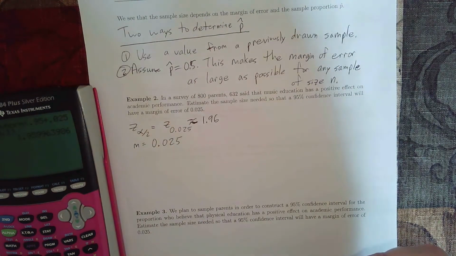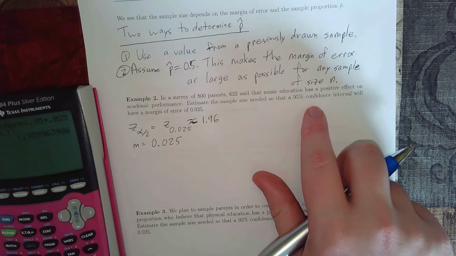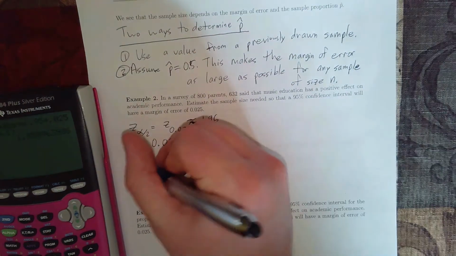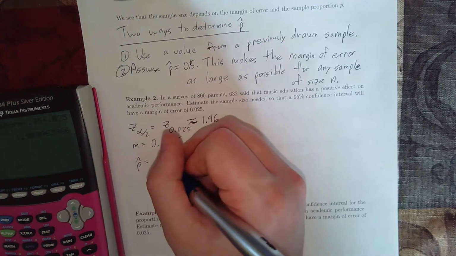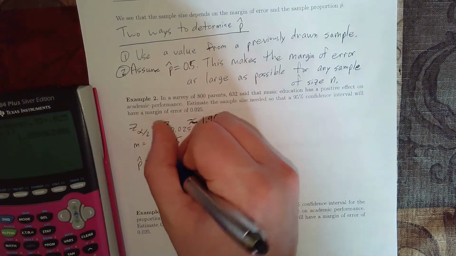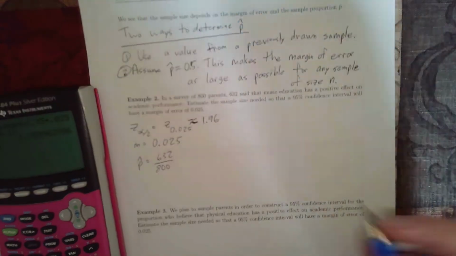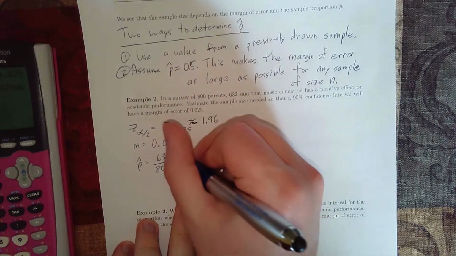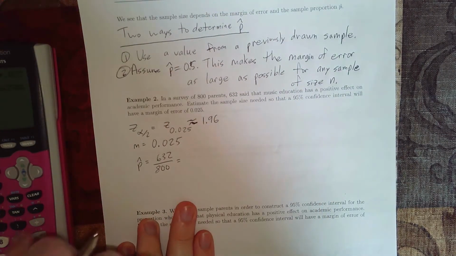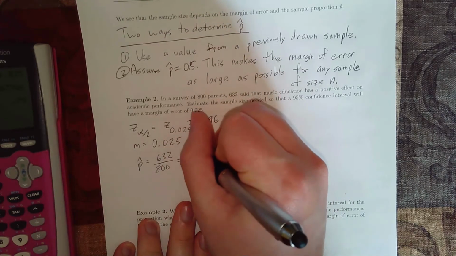And if we want to look at using p hat, here we're saying that we have 632 over 800. So if we want to use this first method, then we should have 632 over 800. That will be 0.79.